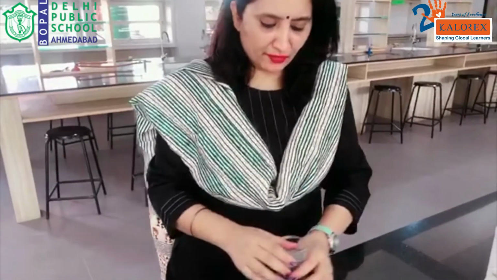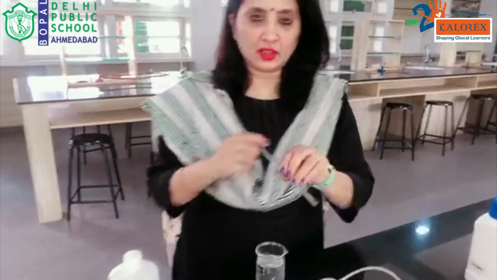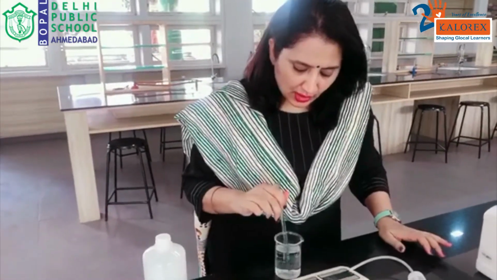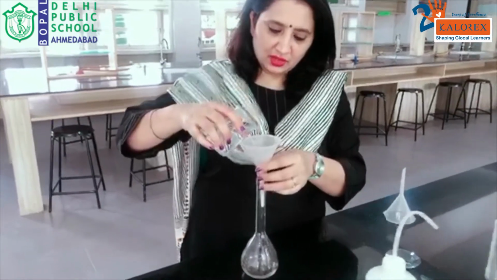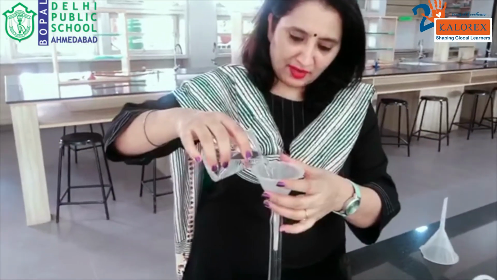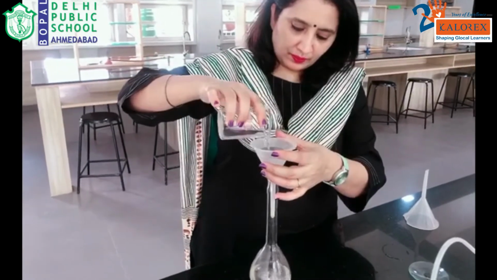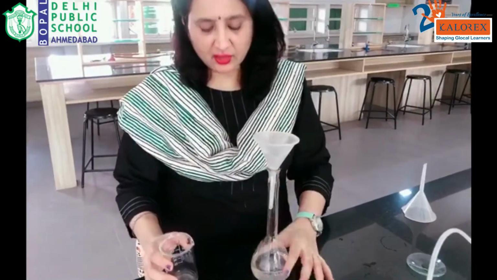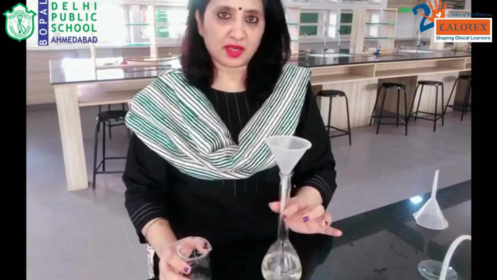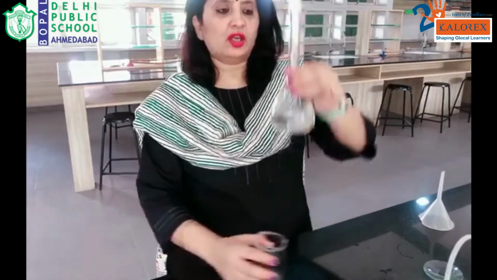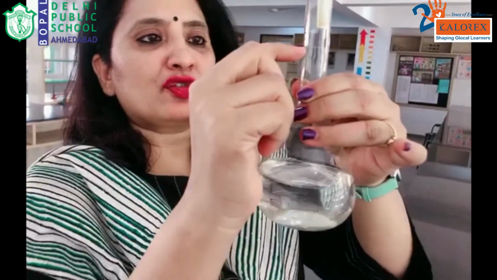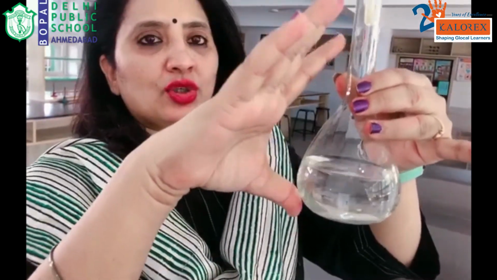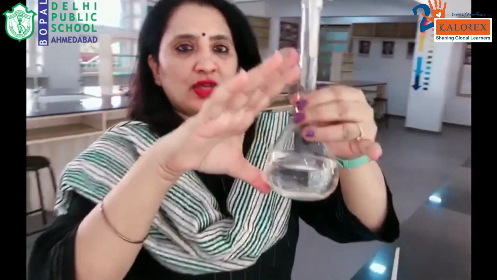Having poured enough water, the next step is to stir the solution so that the oxalic acid dissolves thoroughly. Here I am transferring the contents into a volumetric flask. This flask can measure 250 ml of the solution. There is a mark etched here, and we have to fill up the solution till here. Then it becomes 250 ml M/20 solution.